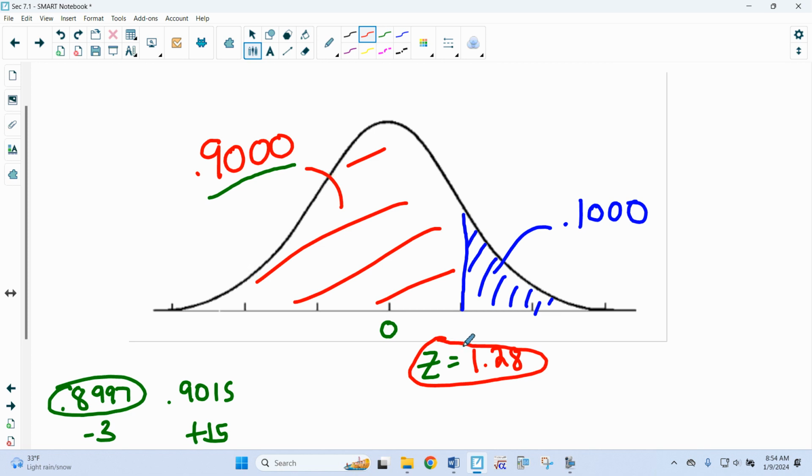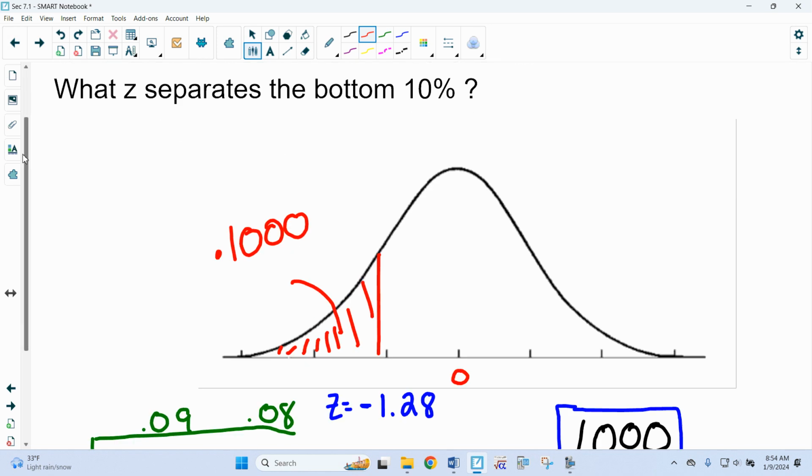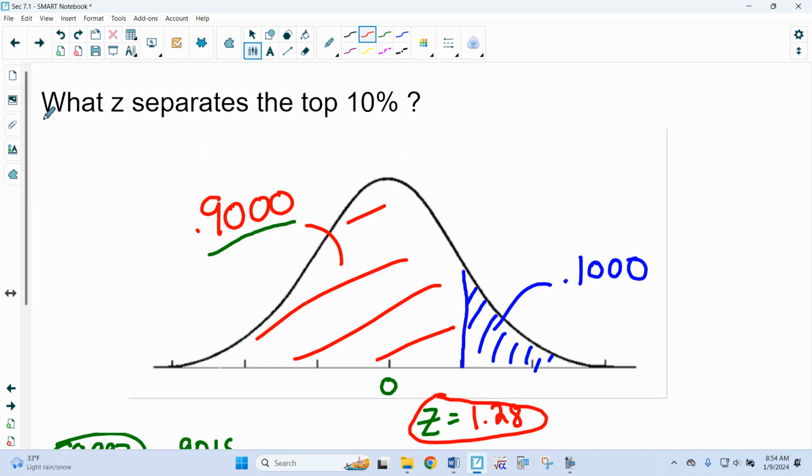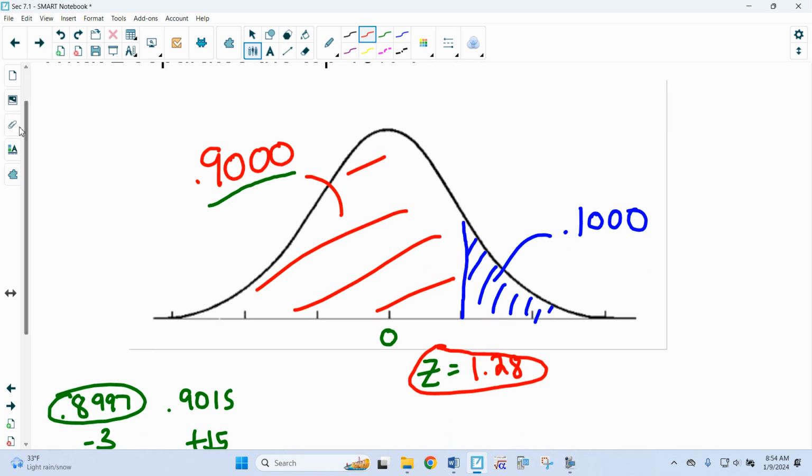Some of you might already realize these graphs are symmetric. If we know that a negative 1.28 gives me 10% to the left, then a positive 1.28 is going to give me 10% to the right. So that's an easy way you could have done this.